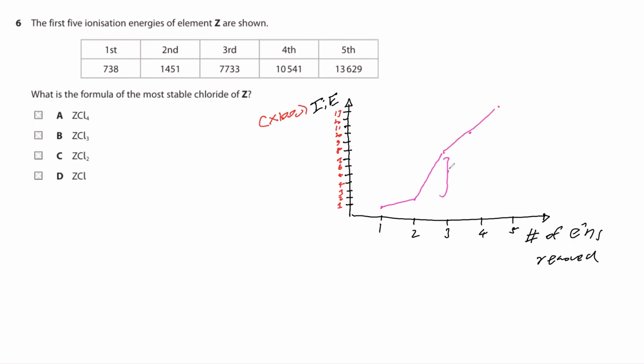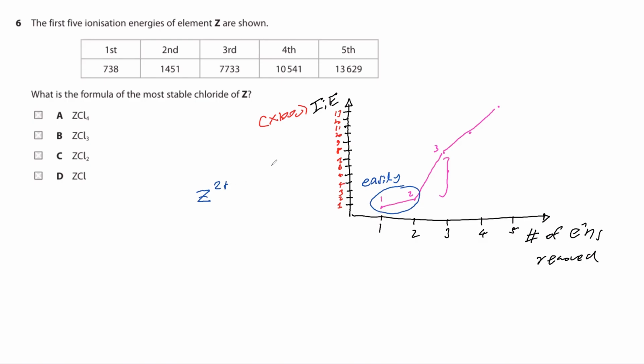You can see that between the second and third ionization energy there's a large gap. That means you can only remove 2 electrons easily. If you can remove 2 electrons easily, most probably it will form a Z2+ cation.